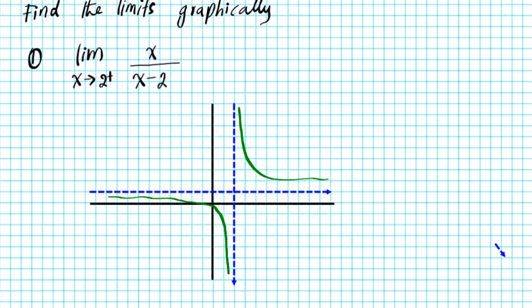Okay, something like that. All right, so the question is, what's the limit of this function as x approaches 2 from the right? The direction is specified. Let's say this value right here is positive 2, that's what we are approaching.